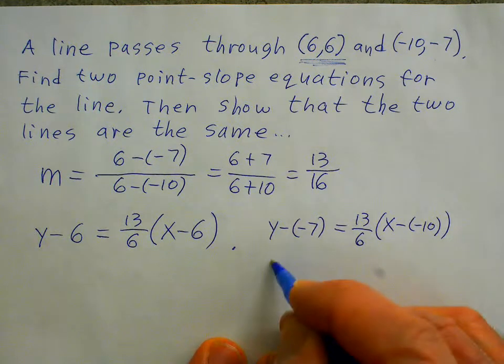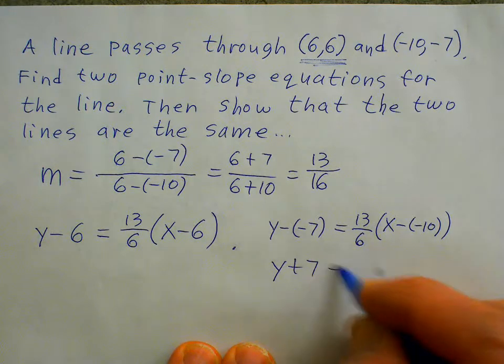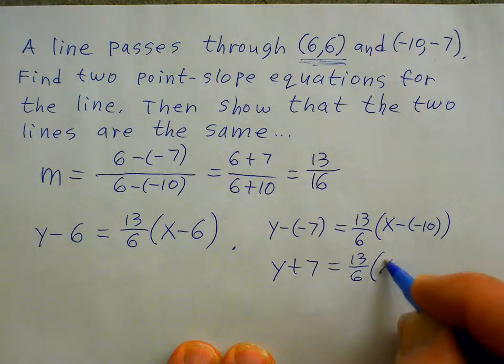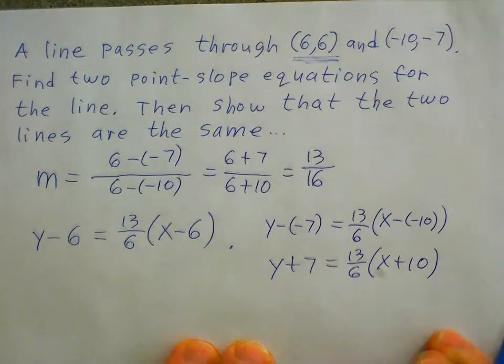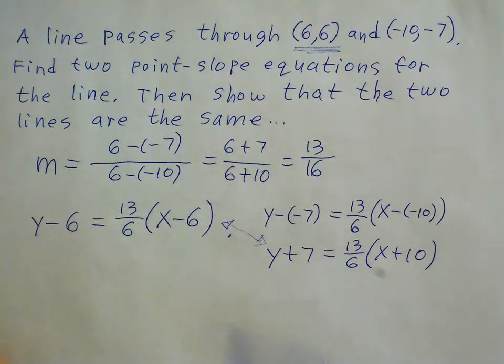And then a little bit of arithmetic, y minus -7 is y plus 7, and that's equal to 13 over 6 times the quantity x plus 10. Okay, if you just look at those two equations, we can see that they have the same slope of 13 over 6, but it's not entirely obvious that the two lines are exactly the same.